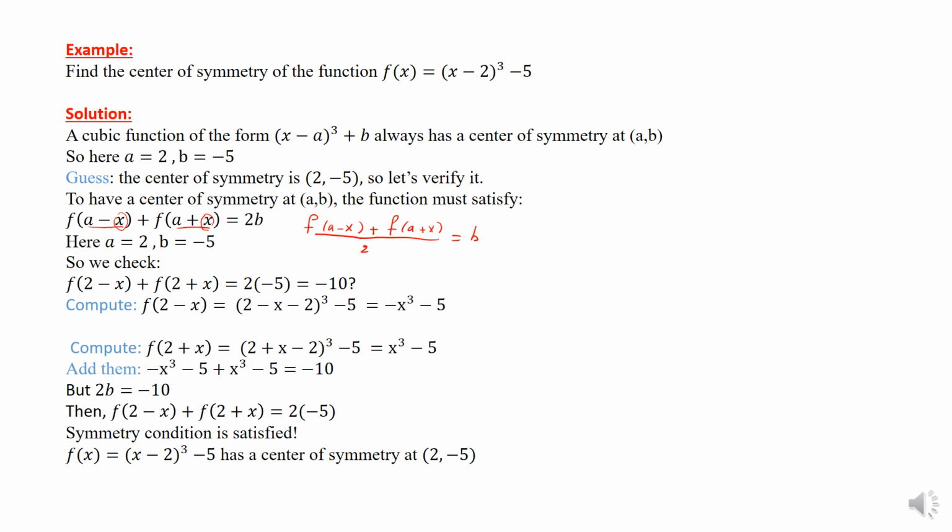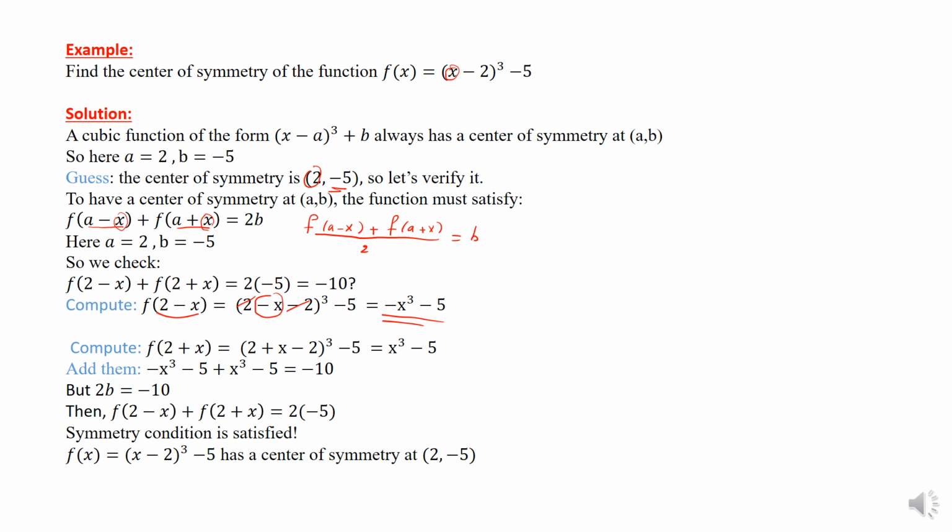Let's check that. A here is 2 and B is negative 5. So f(2 - x), let's calculate it. You replace x by 2 - x: (2 - x - 2)^3 - 5. 2 with minus 2, so you will have negative x cubed, which is -x^3 - 5, and this is f(2 - x).